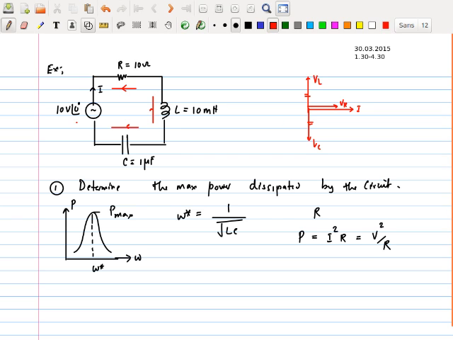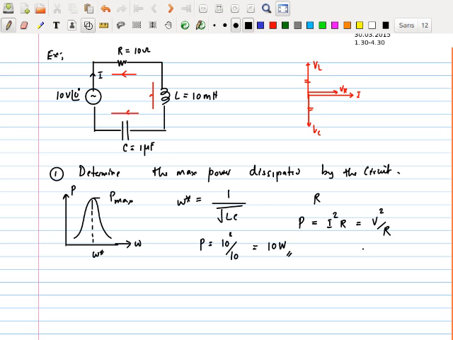So the entire V should appear across the resistance. So we understand that P is V squared over R, which is 100 over 10, and that is equal to 10, right? So that's the maximum signal power.